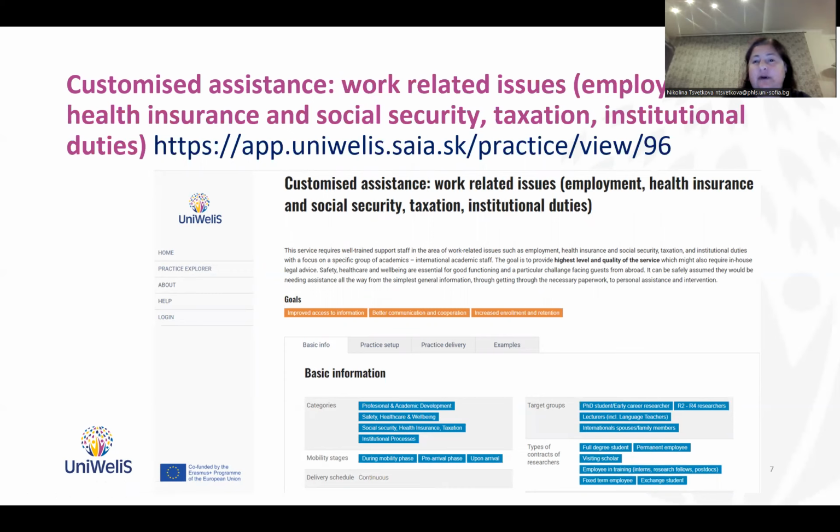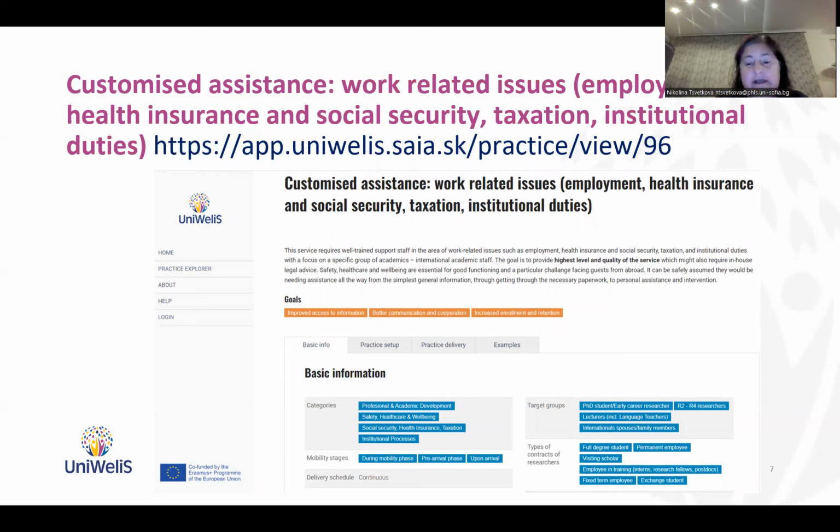Customized assistance, work-related issues, employment, health insurance, social security, taxation, and institutional duties. This is another of the many best practices shared through the Uniwellis Explorer. This service requires well-trained support staff in the area of work-related issues such as employment, health insurance and social security, taxation and institutional duties, with a focus on a specific group of academics.